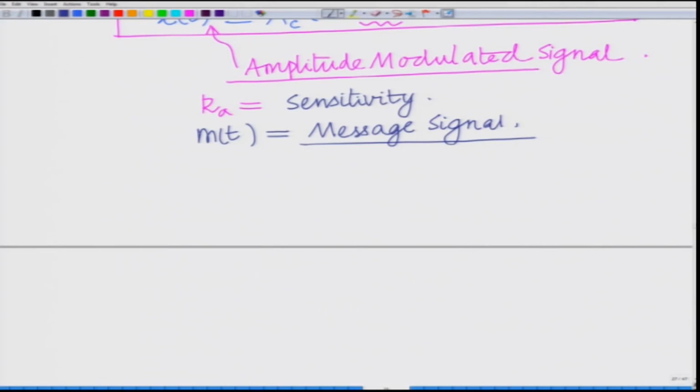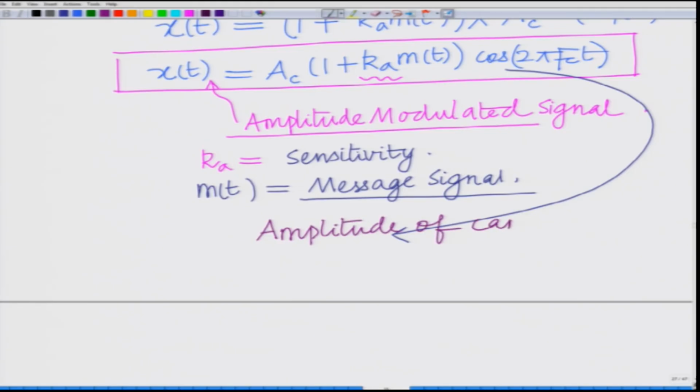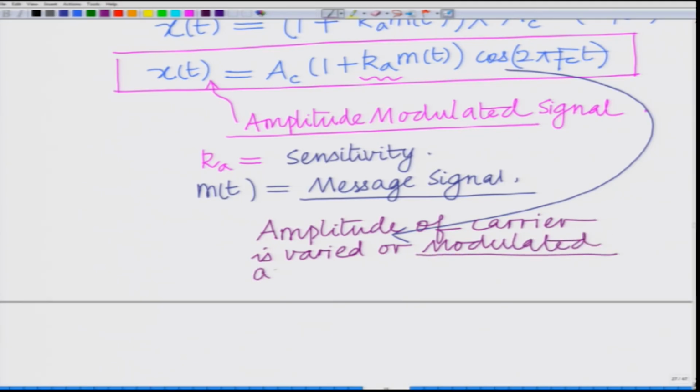So, the amplitude of the carrier is varied, or modulated, according to the message.